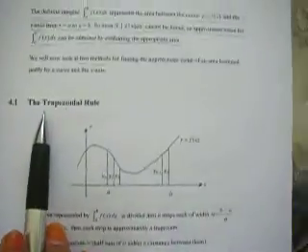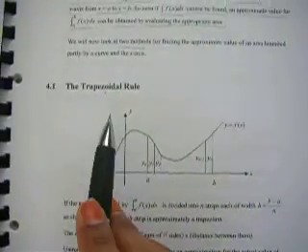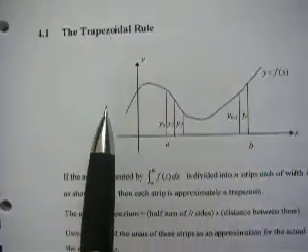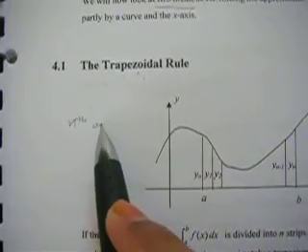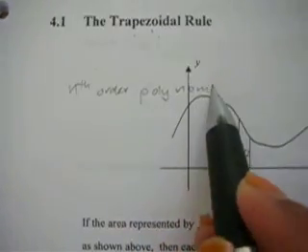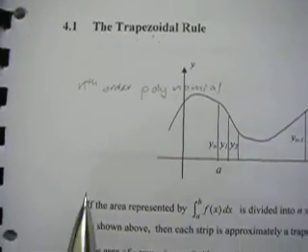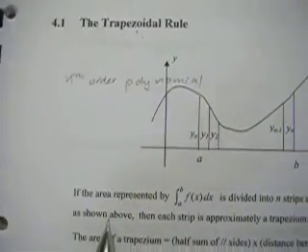So let me explain what the trapezoidal rule is. It is based on a Newton-Cotes formula, where one approximates the integrand by an nth order polynomial. Then the integral of the function is approximated by the integral of the nth order polynomial.